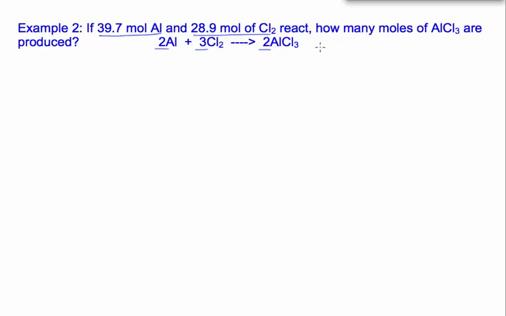So we know for every 2 moles of aluminum that react, we make 2 moles of aluminum chloride. And for every 3 moles of chlorine that react, we make 2 moles of aluminum chloride.